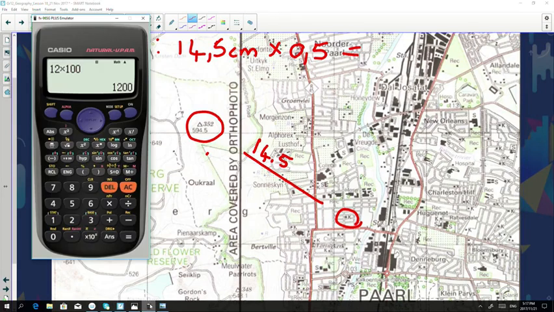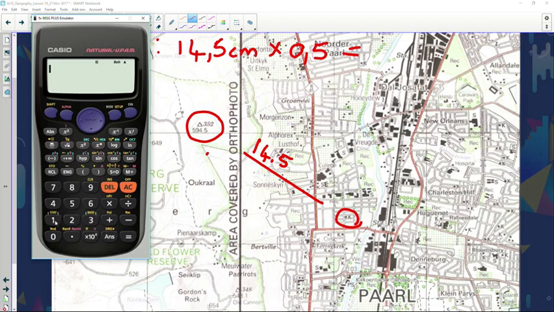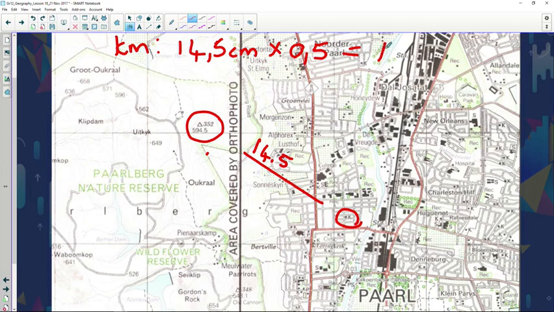And if we quickly calculate it, 14.5 times 0.5, that gives us 7.25 kilometers.